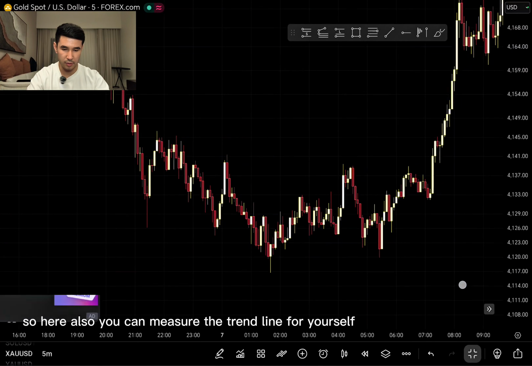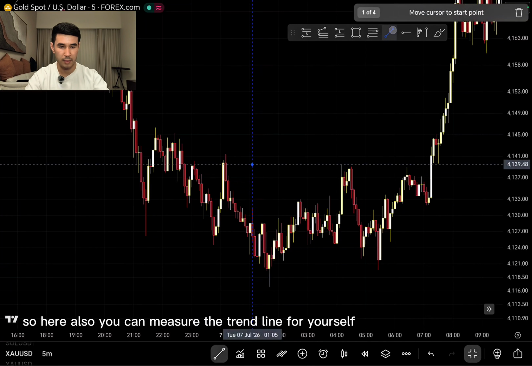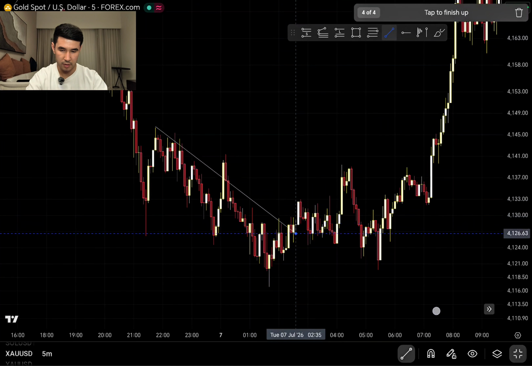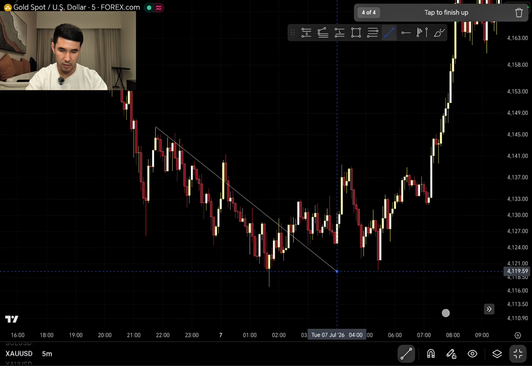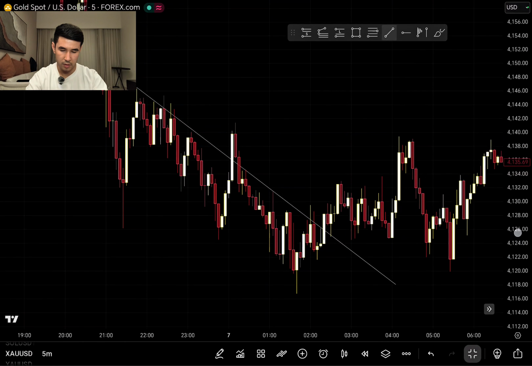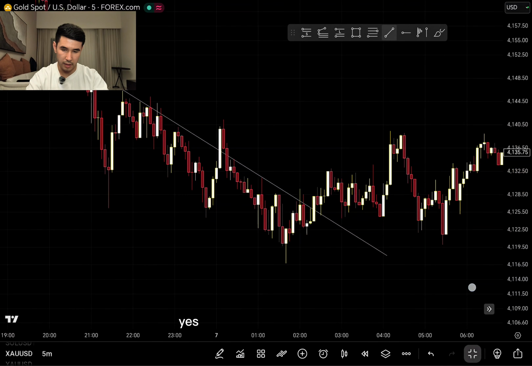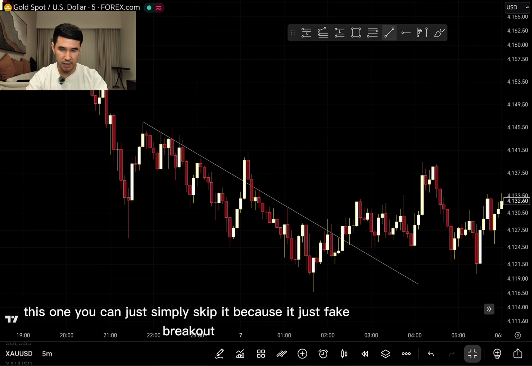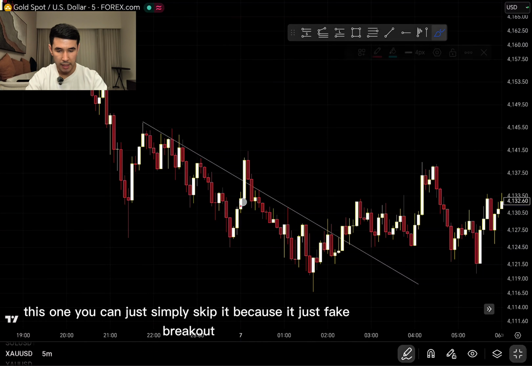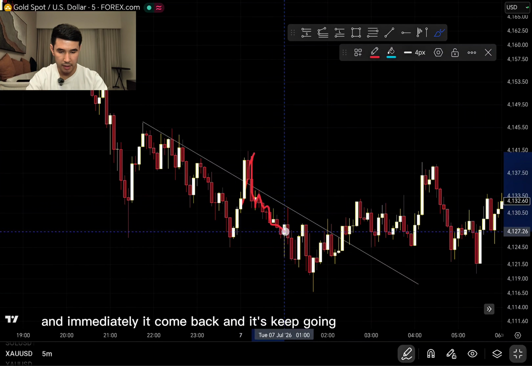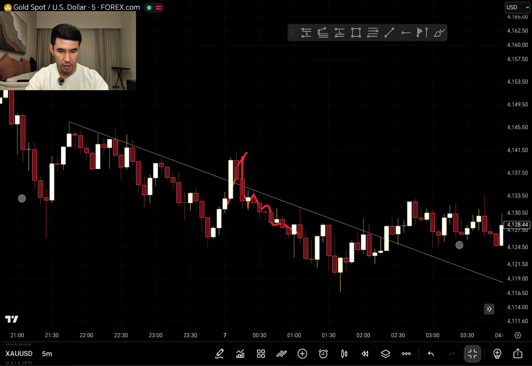So here also you can measure the trend line for yourself. This one you can just simply skip because it's just a fake breakout and immediately it comes back and keeps going.